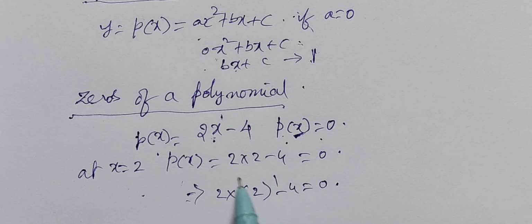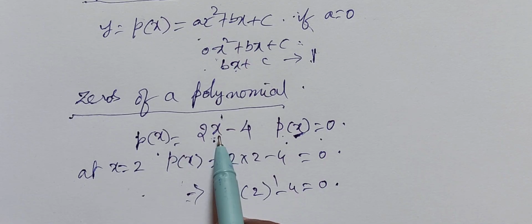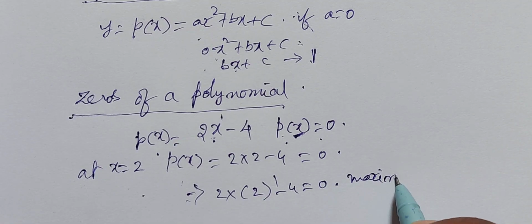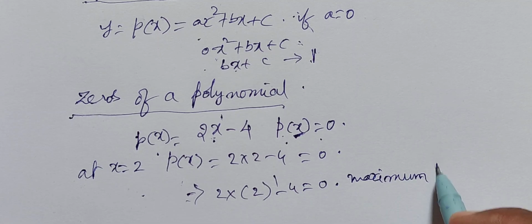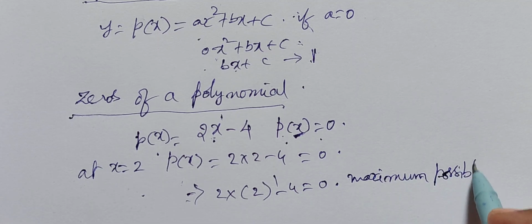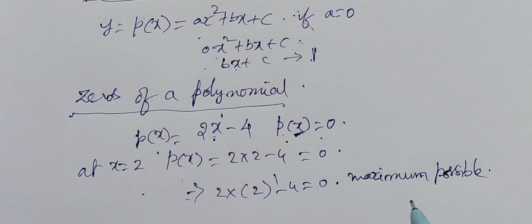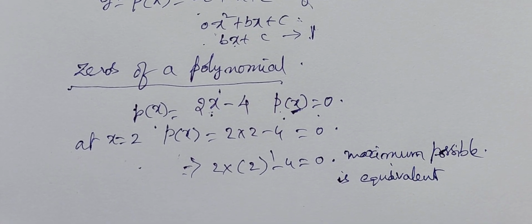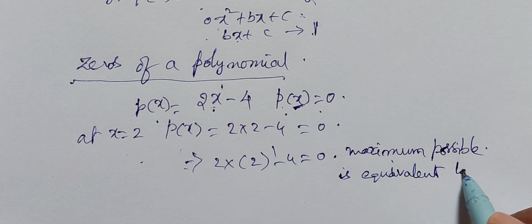Remember, a linear polynomial, that means a polynomial of degree 1, can have only one zero. The maximum possible number of zeros is equivalent to the degree of the polynomial. I am not saying it must be possible, I am saying the maximum possible equals the degree.